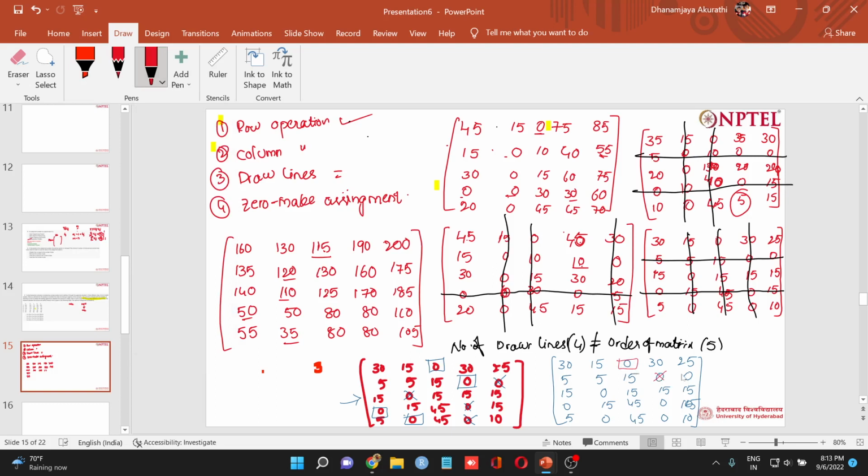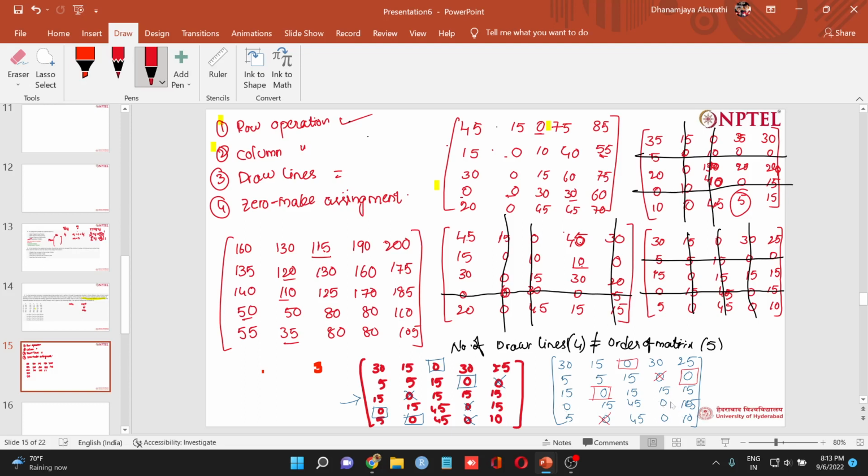So now I am not selecting that 0, selecting the last 0, so that the corresponding row zeros are crossed out, and the columns have no 0. For the third column I am choosing this 0, only one 0 is there, and the corresponding column zeros I am crossing out, so that for the fourth row, if I choose this 0, I can choose this 0 or the 0 at the fourth position.